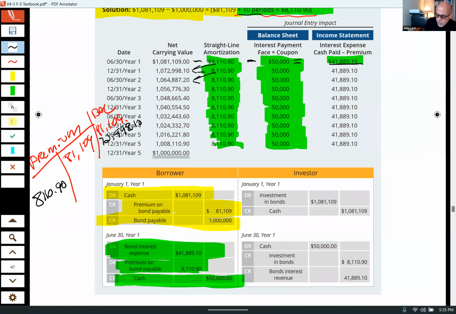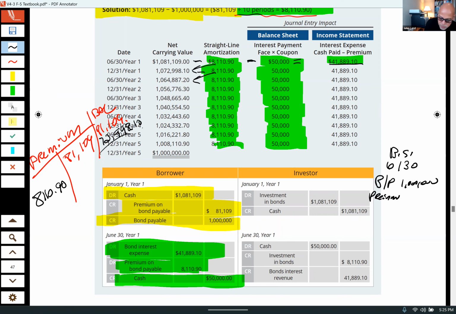$998.10. Okay. If we were to prepare the balance sheet now at June 30th, right, the bond payable, of course, is still showing $1 million. But now the premium is now what?